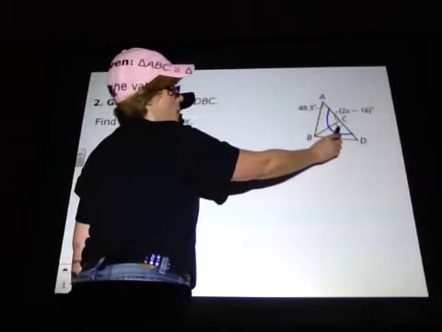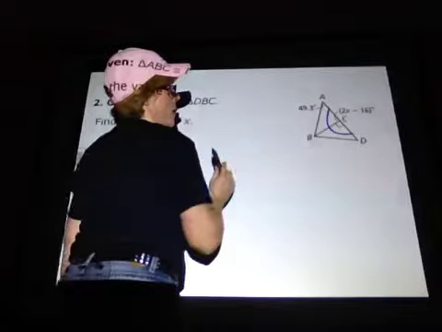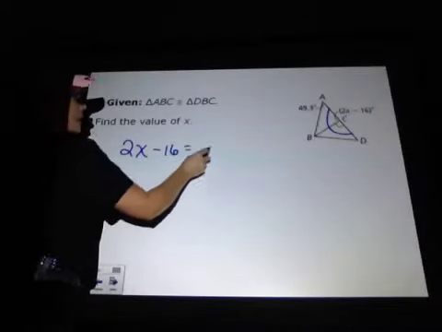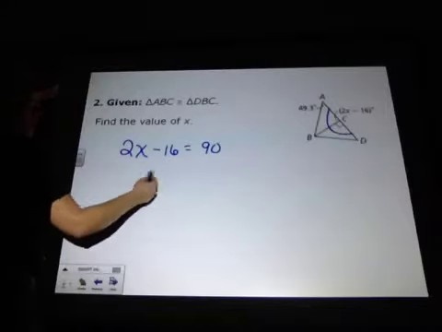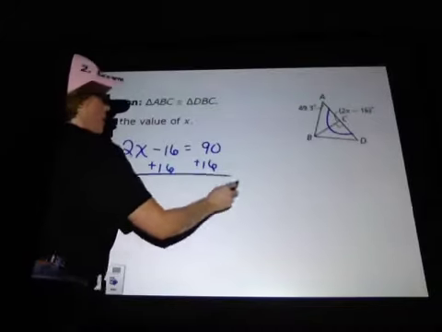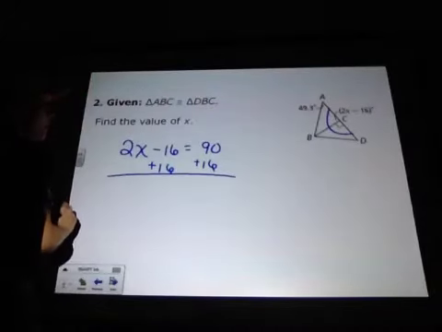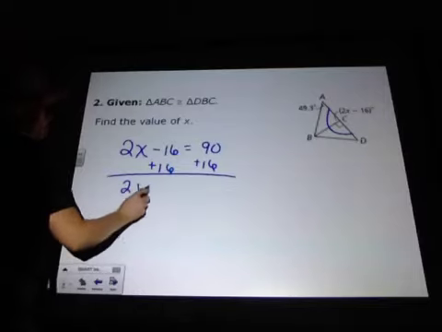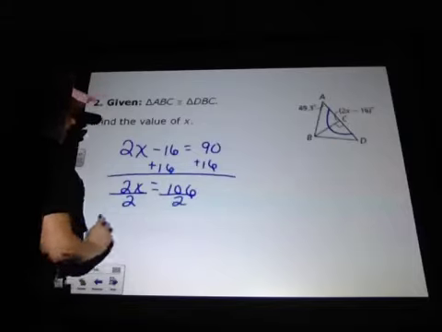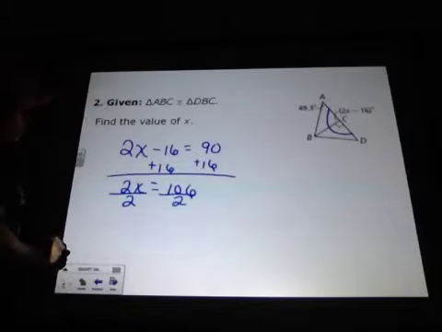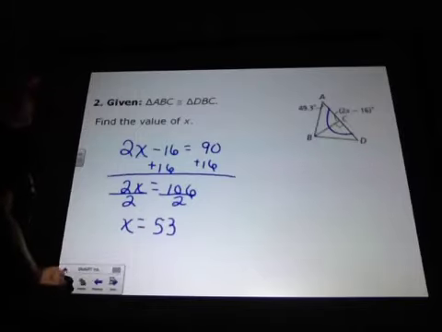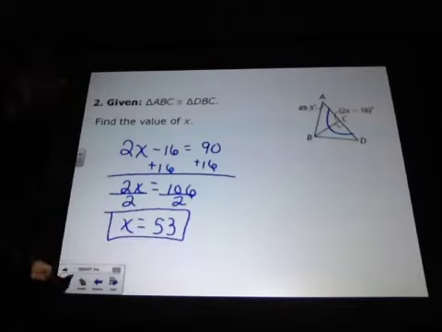If one angle measurement is 90, then you know that this angle measurement is 90. So to solve for x, we can set up 2x minus 16 equal to 90. Solve it like a two-step equation. You're trying to isolate that variable x by using your addition property of equality, and then you're going to isolate that variable x by using your division property of equality. x equals 53. And that's what we're solving for there.